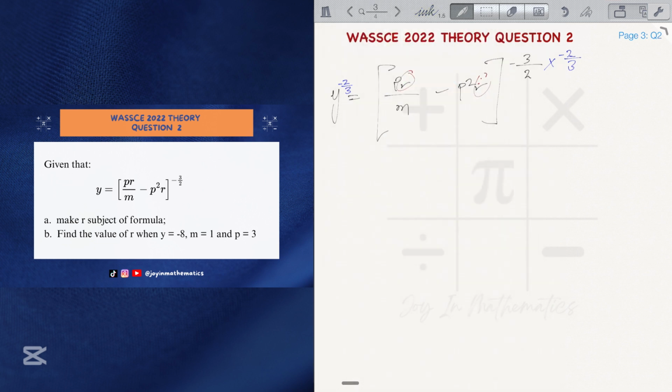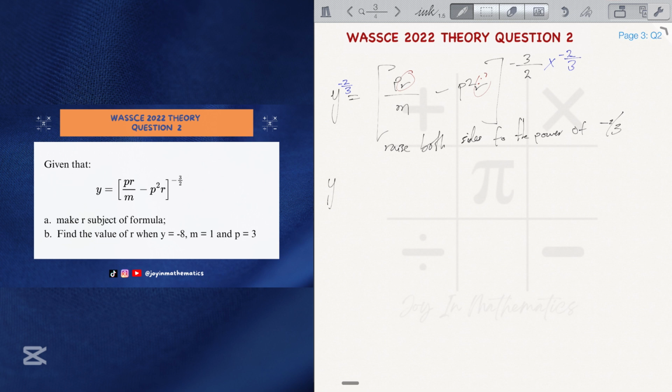So after we have raised both sides to the power of minus 2 over 3, we are eliminating minus 3 over 2.